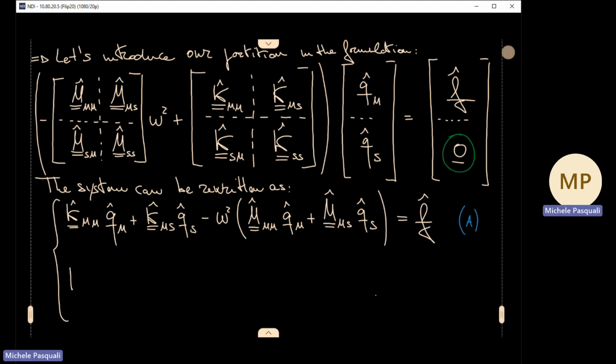The second line reads as follows: K SM Q M plus K SS Q S equal to omega squared applied over M SM overhead Q M, right?